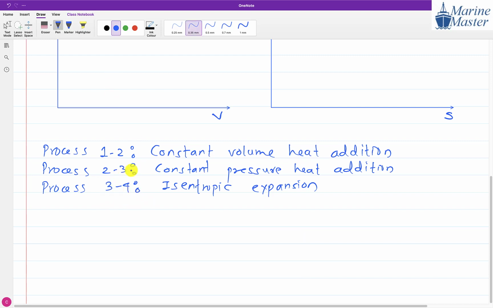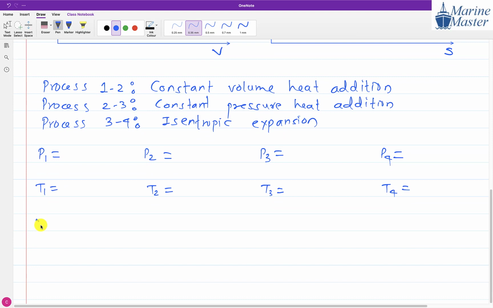Now, as we have 3 processes, how many states do we have? We will have 4 states. So we will form a table: P1, P2, P3 and P4, then T1, T2, T3, T4, after that V1, V2, V3, V4.